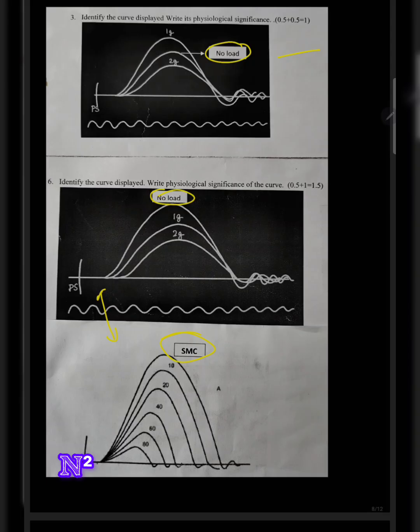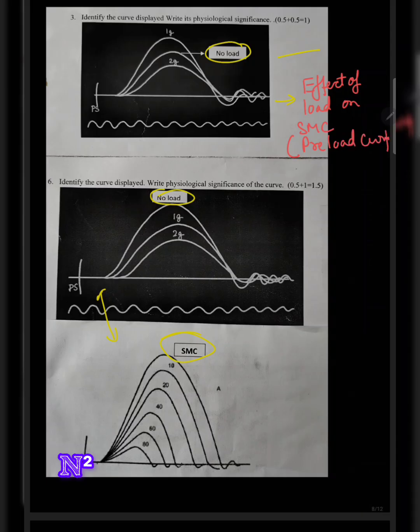Basically the topmost curve is showing the effect of load on the simple muscle curve, and this curve is a preload curve.